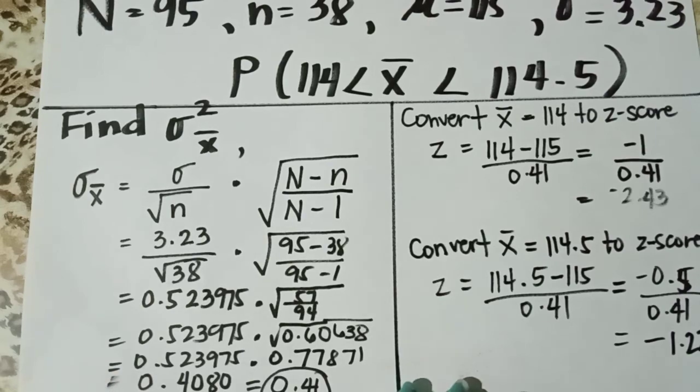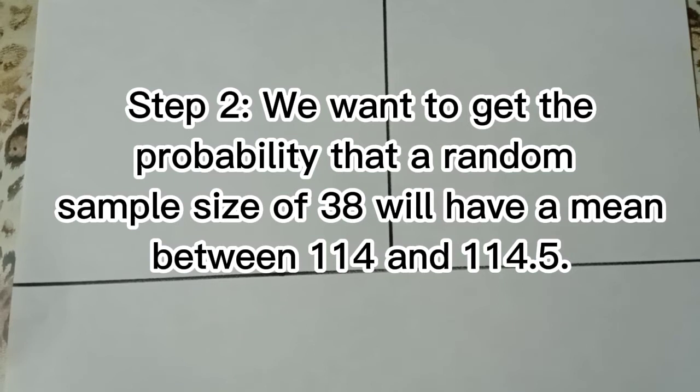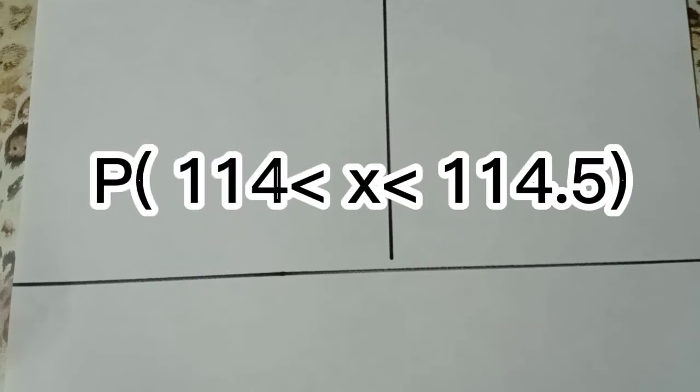So negative 1.22. Okay, for step 2, we need to get the probability that the random sample of size 38 will have a mean of between 114 and 114.5. So we are going to use the probability that the mean is greater than 114 but less than 114.5. In this case, we are going to use the table of areas under the normal curve.